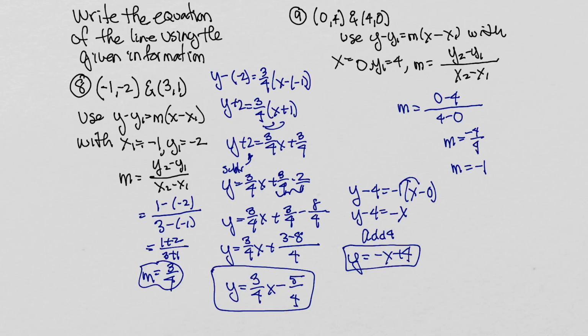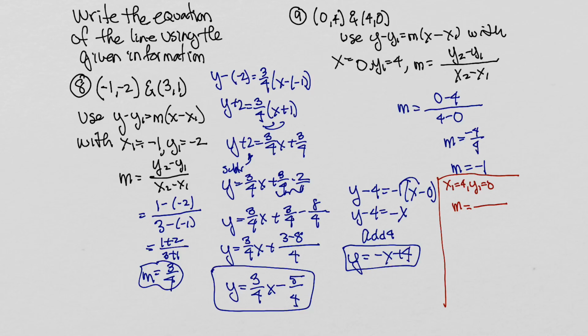There we go. Now, just so you can see what happened here, what would it look like if we did this? What if I used x1 being 4 and y1 being 0, instead of using this as our first point, I use this as the first point. So here's what would happen. Our slope would become y2 minus y1.